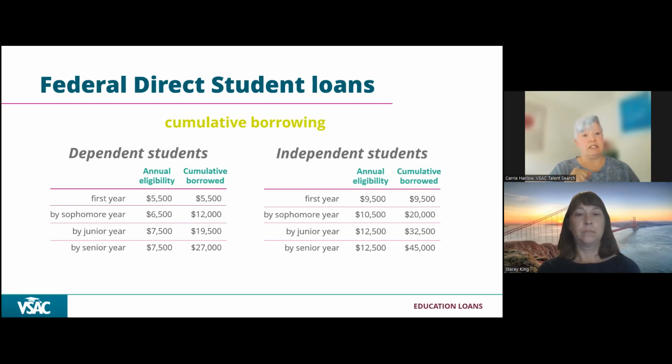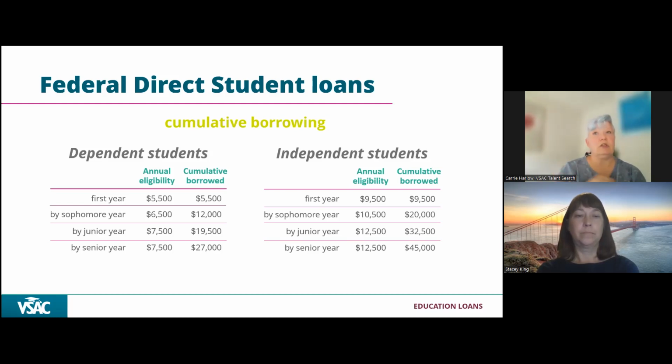And the junior and senior year, it's $5,500. If they have full subsidized loan eligibility, they still have some that's unsubsidized. Those maximums are the same for independent students. So what that means is in the first year, that student's going to have $3,500 of subsidized loan if they're fully eligible, and another $6,000 of unsubsidized loan.